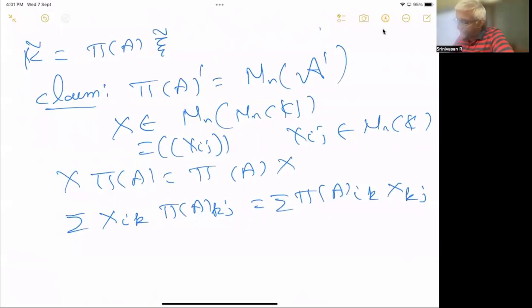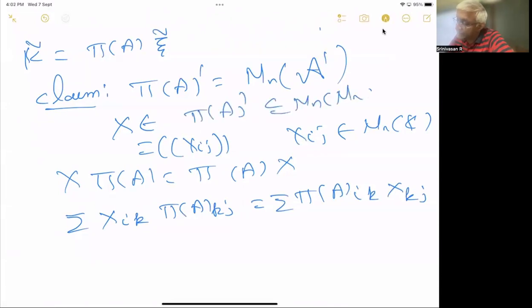But pi of A is a diagonal matrix. Wait, you're right, I didn't write the right assumption. X is in the commutant of pi of A, which is contained in Mn of Mn(C). This is what I want to say.